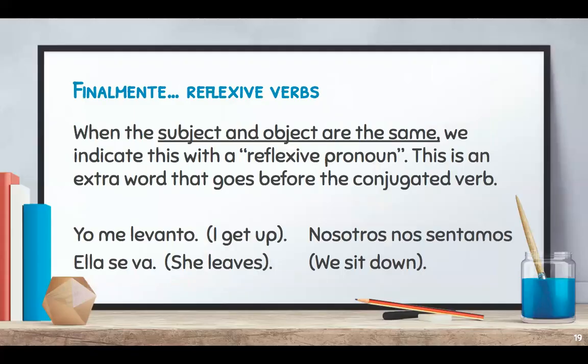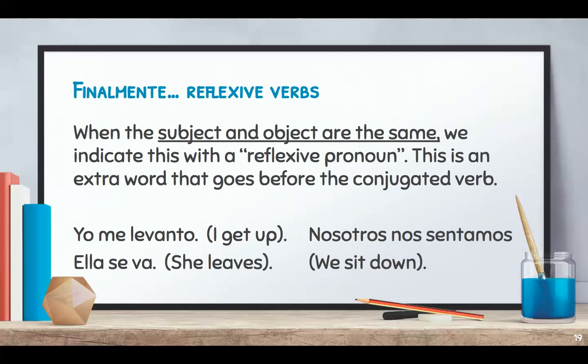Okay, so finally, the last bit of preview are reflexive verbs. So when the subject and object of a sentence are the same, we indicate this with what we call a reflexive pronoun. It's just an extra little word that will go before the conjugated verb. And if it is a negative sentence after no, here are some examples.